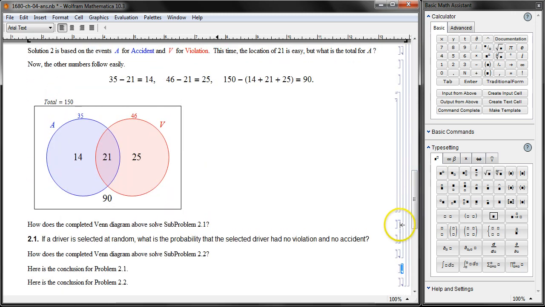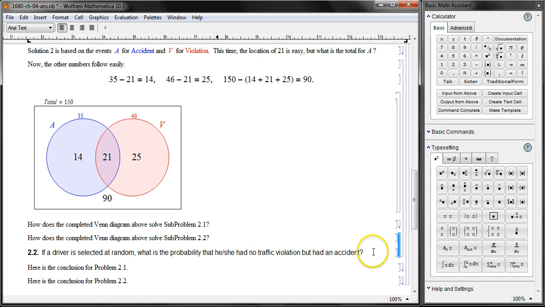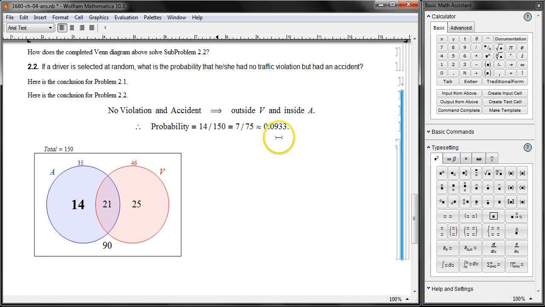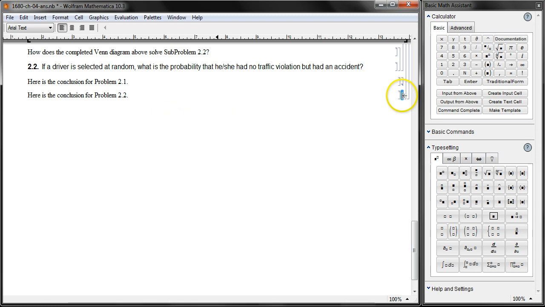How about subproblem 2? What is the probability he or she had no violation but had an accident? No violation, so outside V, had an accident, inside A. 14 as highlighted. 14 out of 150, that's how you calculate the probability.